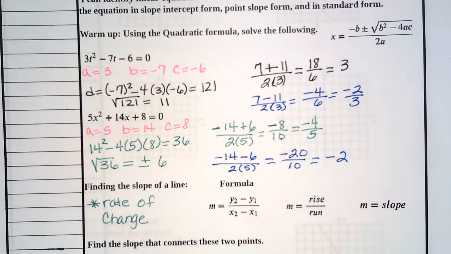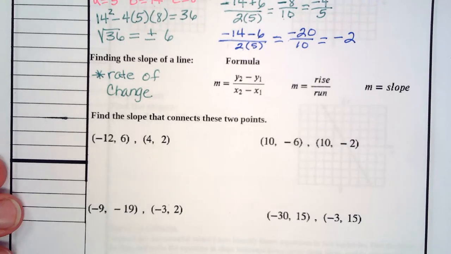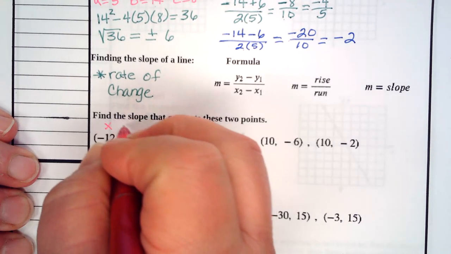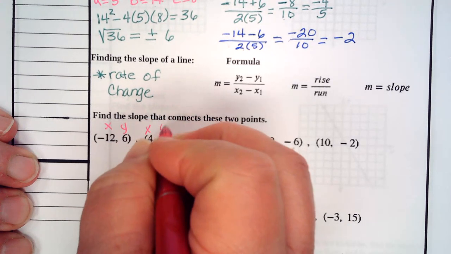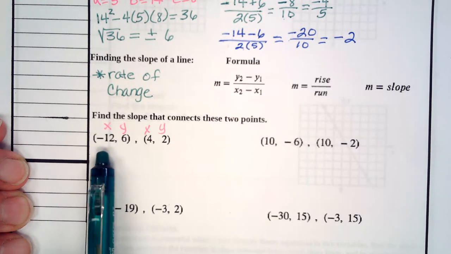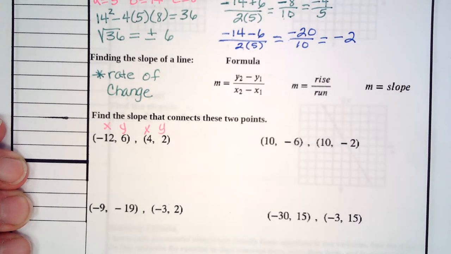Okay, so we're going to find the slope that connects the points on these 4 segments below. Step 1, identify x and y. Now, because the slope doesn't change, it doesn't matter if I start with this point and go to the second or vice versa.